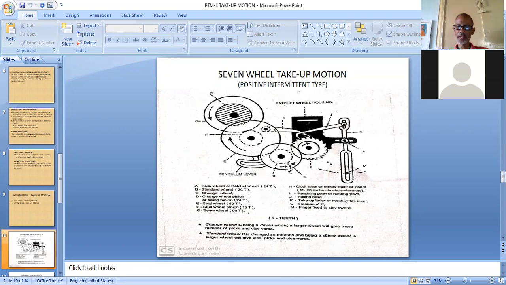So this change wheel pinion is mounted on the same shaft on which change wheel is mounted. So this change wheel pinion is in contact with another large gear, which is having more number of teeth, indicated by E, and this is known as stud wheel, STUD, stud wheel.